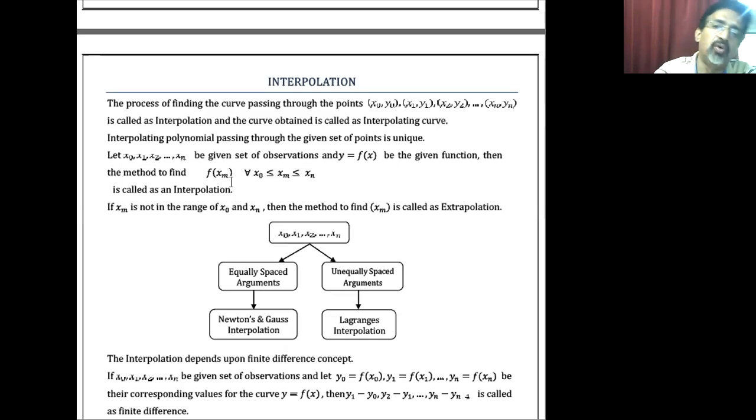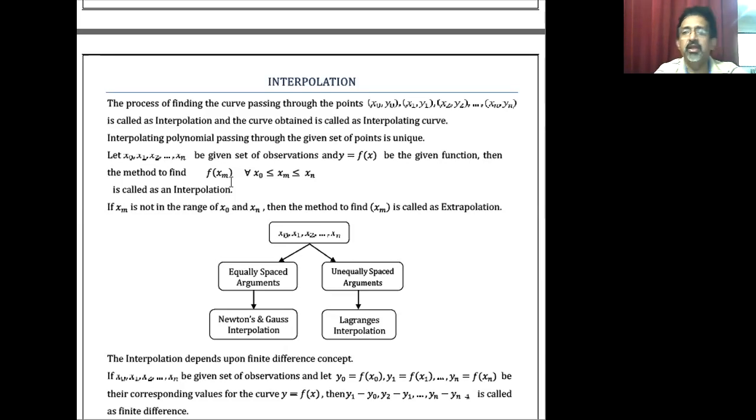If I ask you to find the value of the function at non-tabulated points, then I go for the interpolation method. If xm, that is the point at which I should find the value of y, lies within the interval x0 to xn, I call that process interpolation. If xm lies outside the range x0 to xn, then we call that extrapolation.